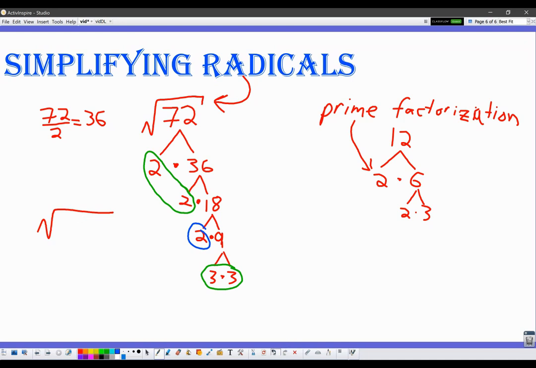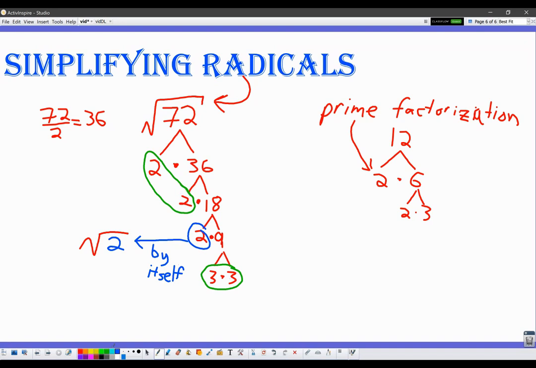And actually, let me redraw this because I'm going to need more space on the left-hand side. Let's put it over here. So again, any prime numbers that were left by themselves are going to go inside the radical.